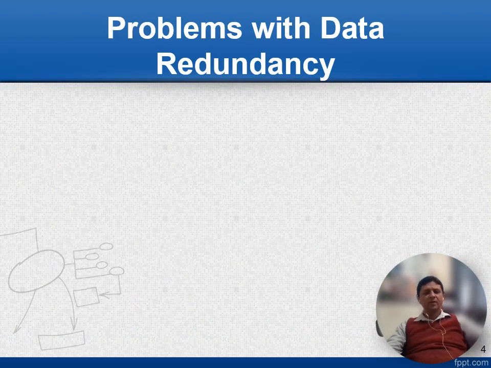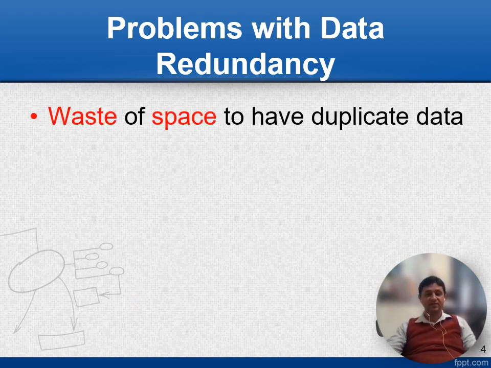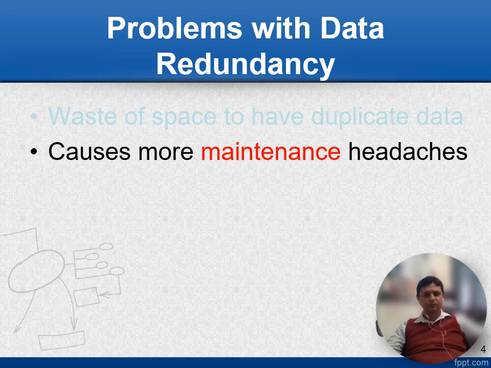So the next problem: there are some problems associated with data redundancy as well. Redundancy is the duplication that we have just discussed. One of the problems is wastage of space, because we are maintaining multiple copies of the same data, so we are wasting space.